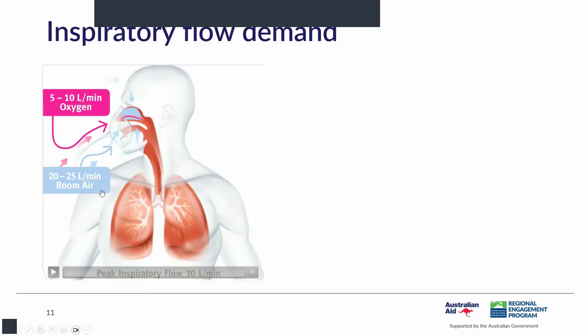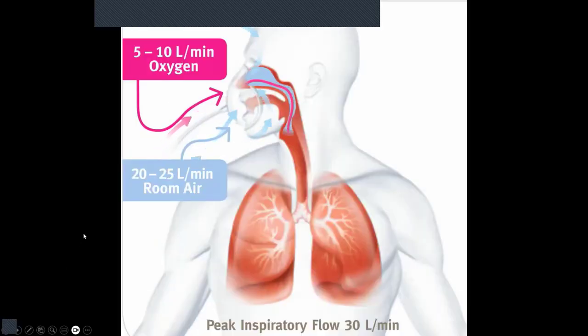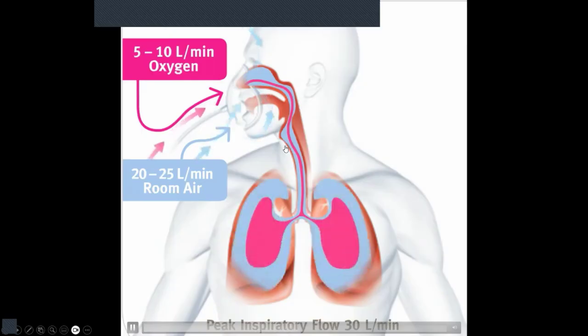What happens with this patient is, even though they're getting 10 litres a minute of oxygen, this isn't enough oxygen to be able to oxygenate their lungs. So I'm just going to play what happens when you've got a little bit of oxygen, but not enough oxygen.